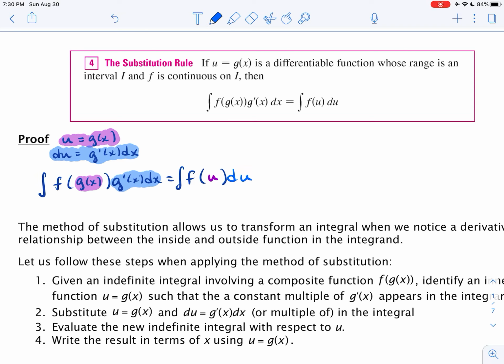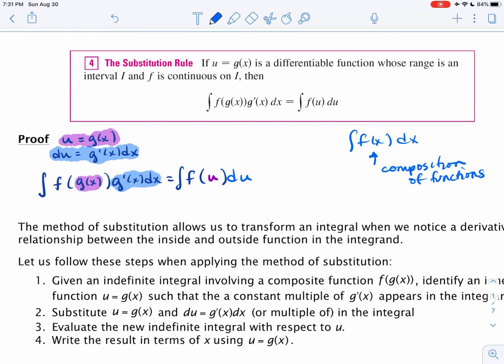So if our integral of f of x dx, if this function is a composition of functions, you might want to consider the substitution rule. So we want to look at grouping symbols. Remember what our grouping symbols are: square roots.